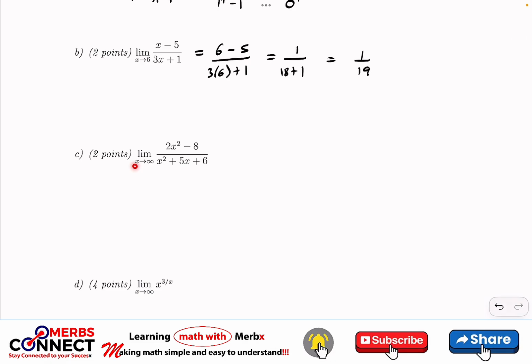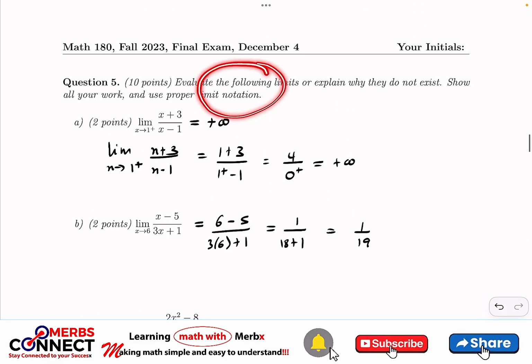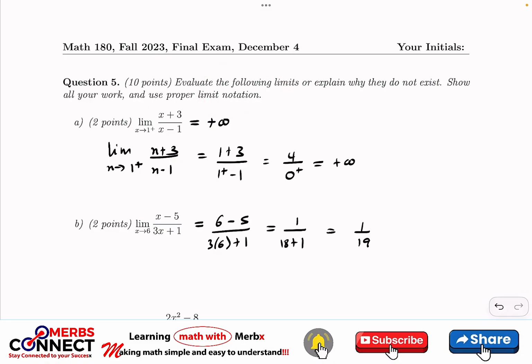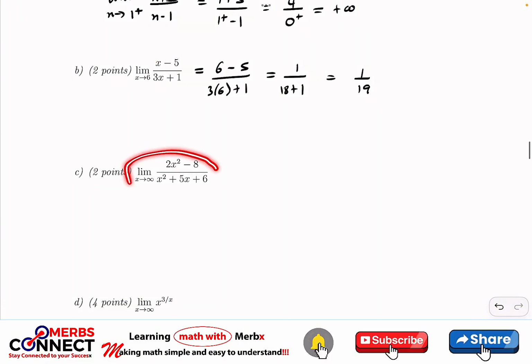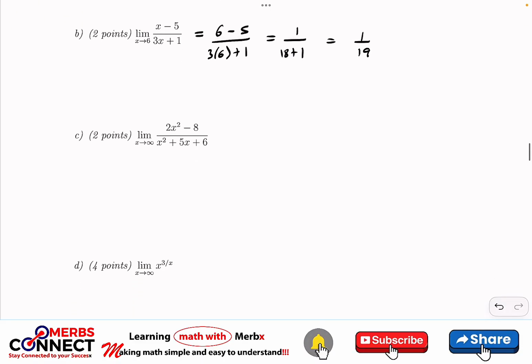Now here, x is approaching infinity. The question is open. The question did not ask us to use L'Hopital's rule, so we can use anything that we want. Here you can decide to use L'Hopital's rule, or you can use something that you think you can move very fast with. So here I want to move very fast instead of using L'Hopital's rule.